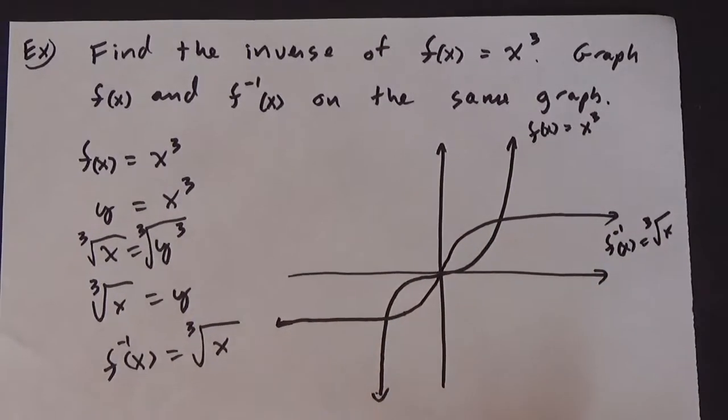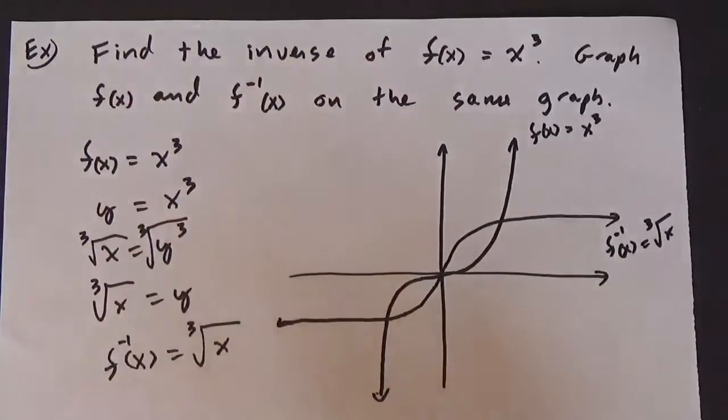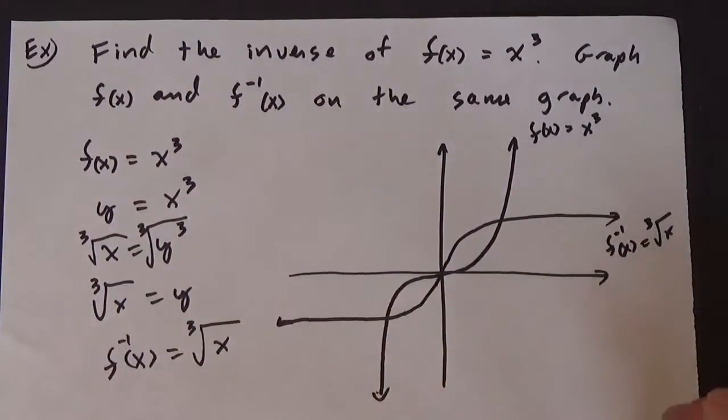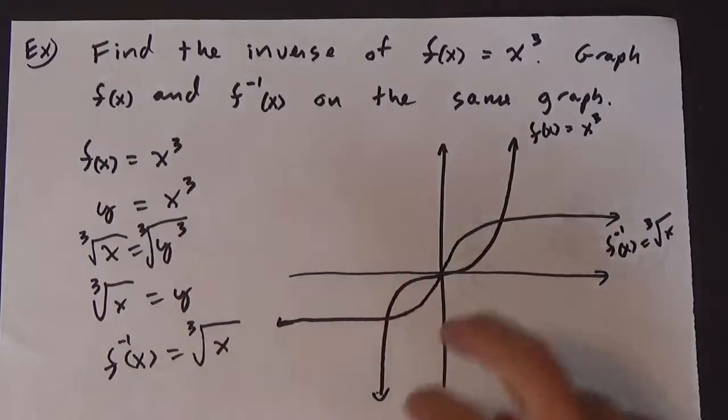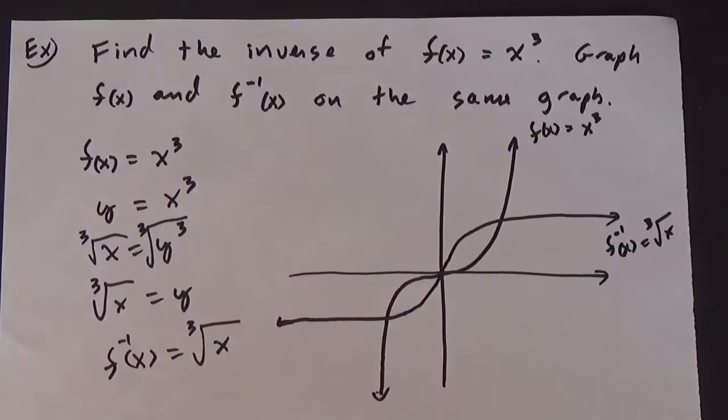Okay, so now that we've done another example of finding the inverse of a function and graphing the inverse and the original on the same graph, you might be wondering if there is some kind of relationship between a function and its inverse.